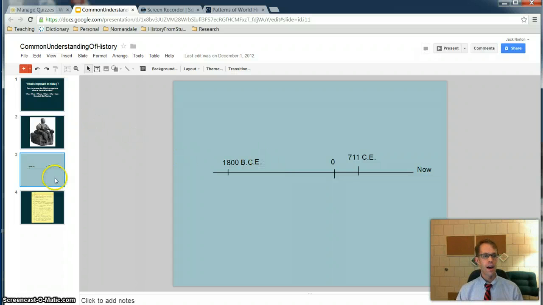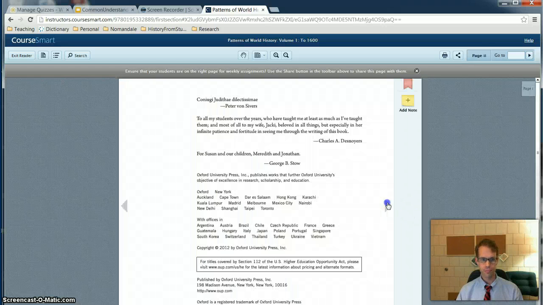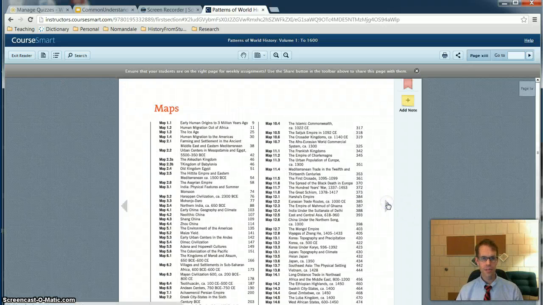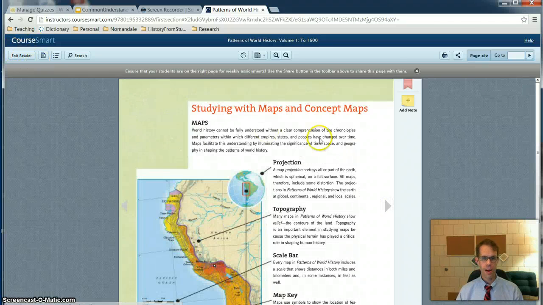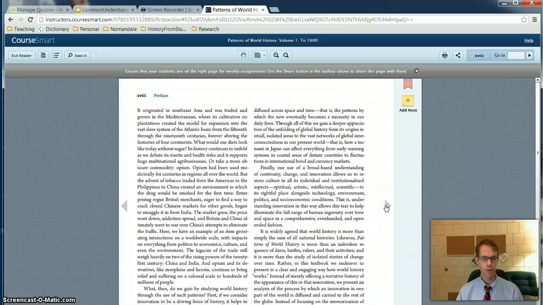Okay. Now, when you're reading your book, and here I've got an electronic copy of our text, Patterns of World History, please pay attention to a couple of things. In the preface, it gives you a sense of how the book is structured.